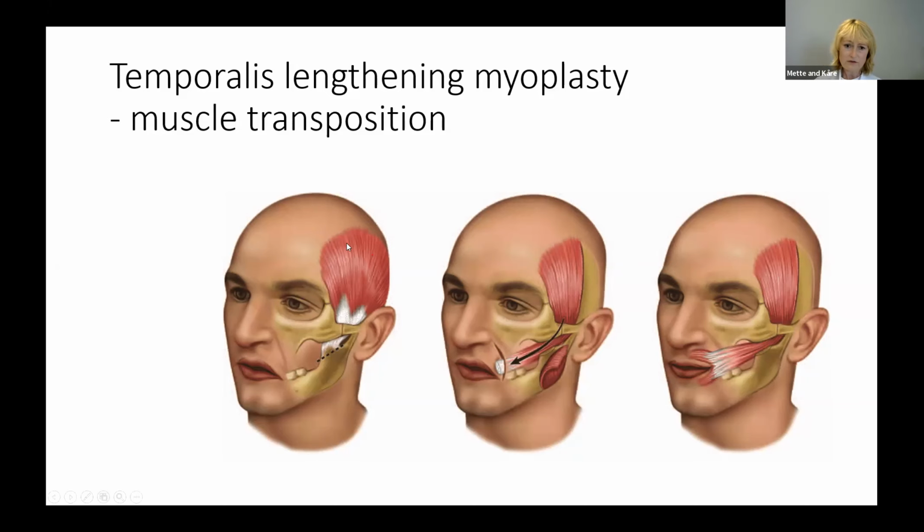What you do is you take off the insertion of the temporal muscle from both the origin on the skull and from the coronoid process, and then you can mobilize it anteriorly on the neurovascular pedicle that comes from the central area here, and you can reattach it to the nasolabial fold. And after it has settled in, after 3 weeks, they can start training.